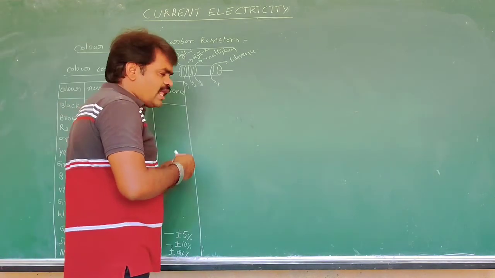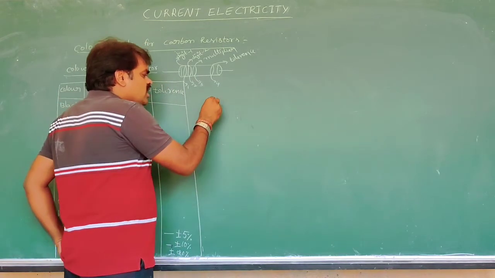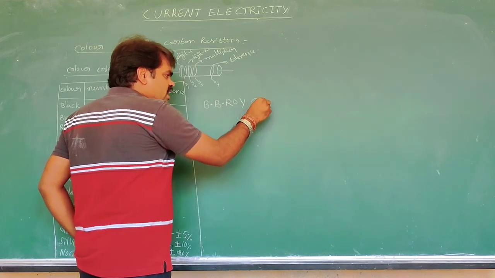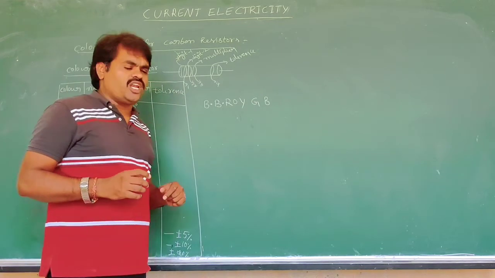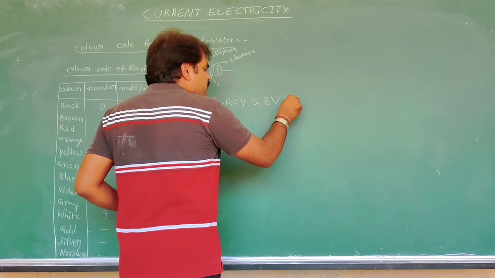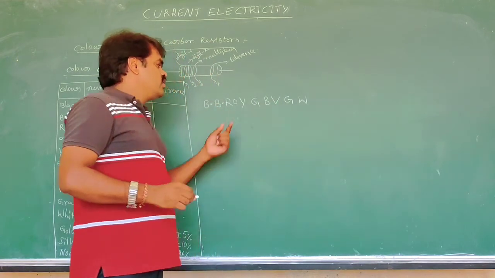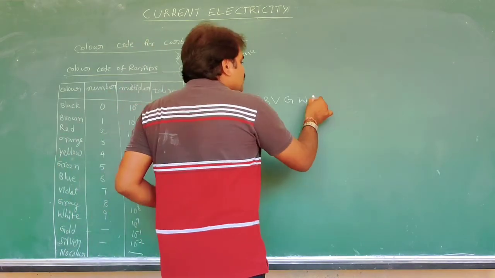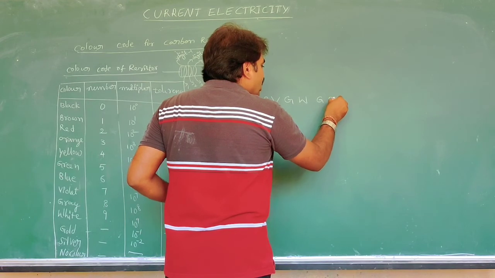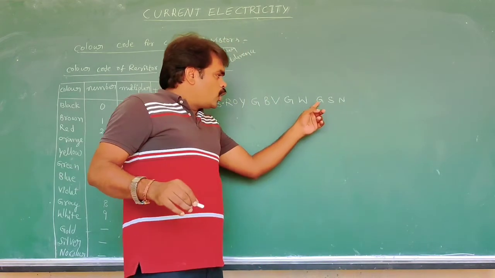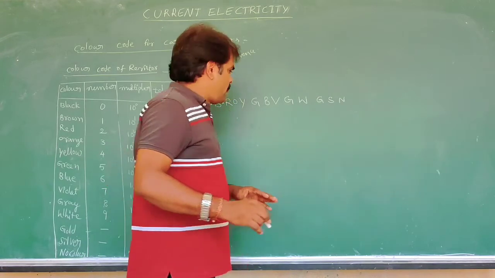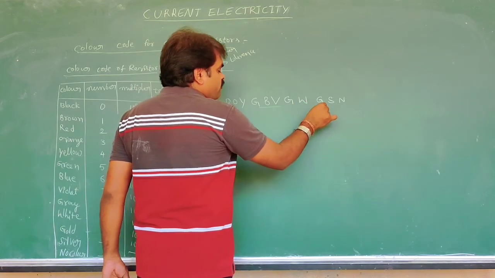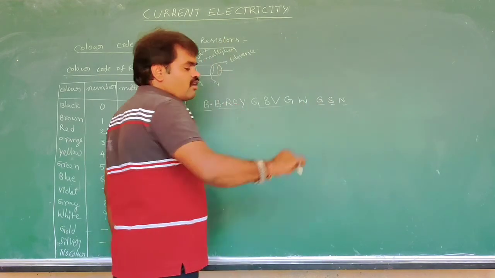One line: B.B. Roy, Great Britain, very good wife, with gold silver necklace. Gold silver necklace means no color.